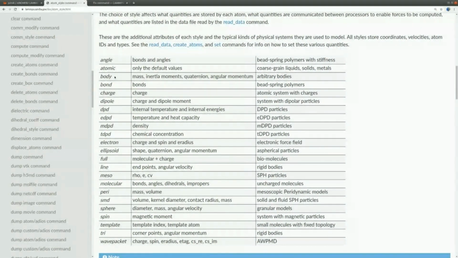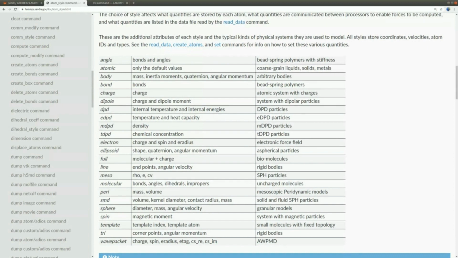If you've got dipole interactions, you'd want the dipole style. If you're looking at non-spherical particles, ellipsoid perhaps. I think there's another non-spherical particle. I can't remember where it is. I think here. Or am I making that up? I seem to be making that up.